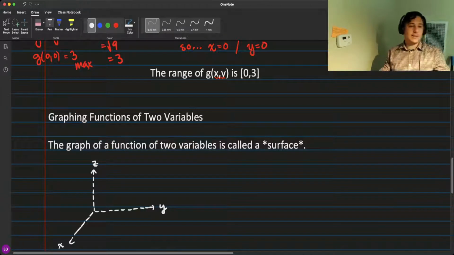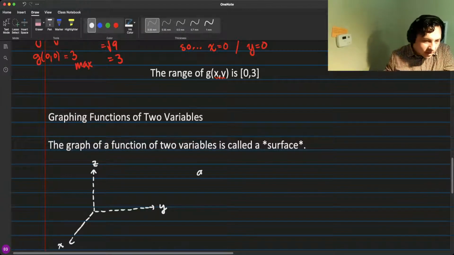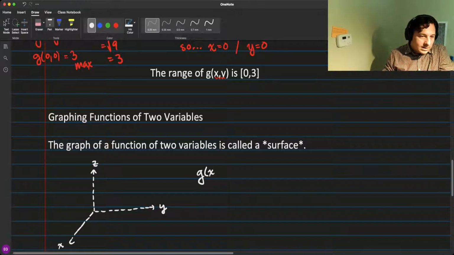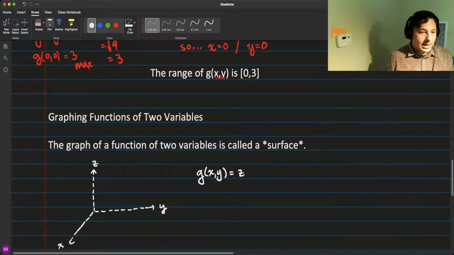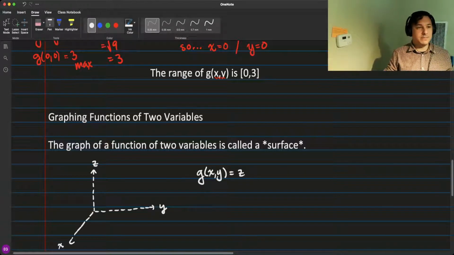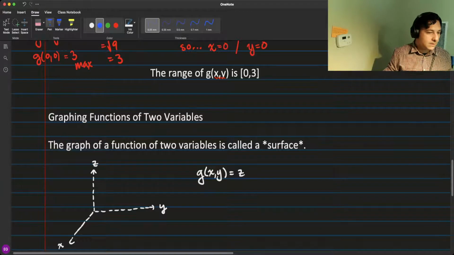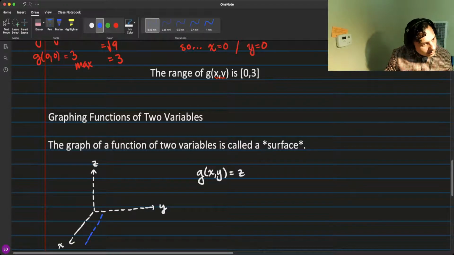And here's our x-axis. So you have this function g of x comma y equals z. Now the domain is in the xy plane. So you can imagine here is my xy plane.